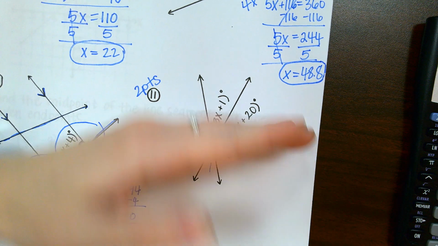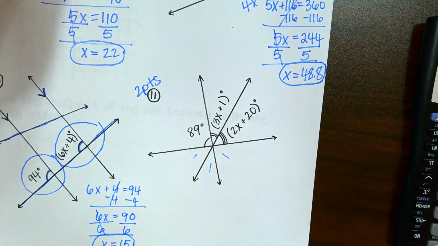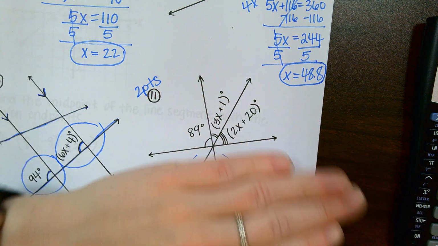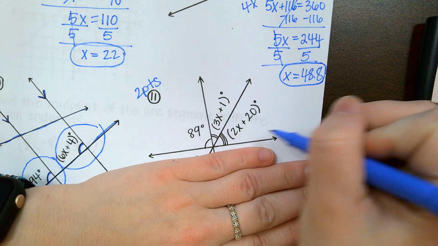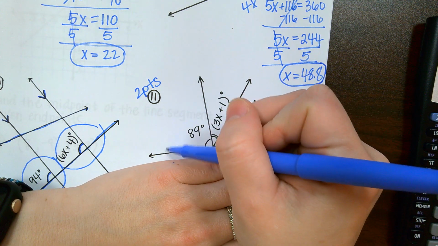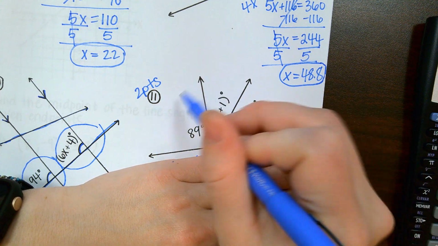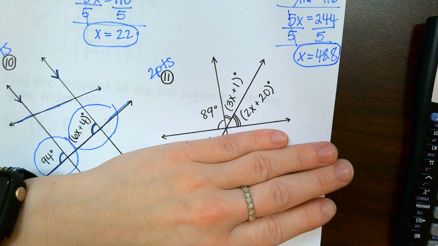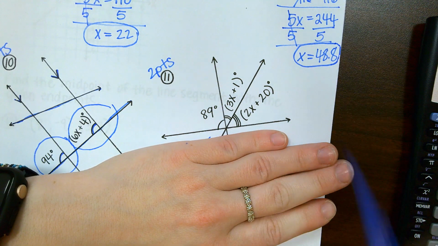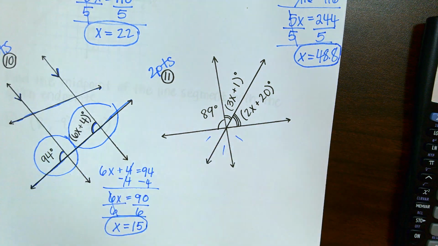I know that half of 360 is 180. And I also know that this right here is a straight line. That is going to measure 180 degrees when it's opening up like this. So I know that if I add these 3 angles together, I am going to get 180 degrees total.